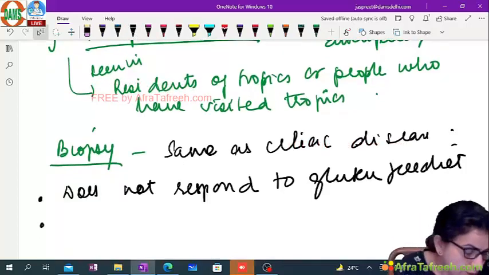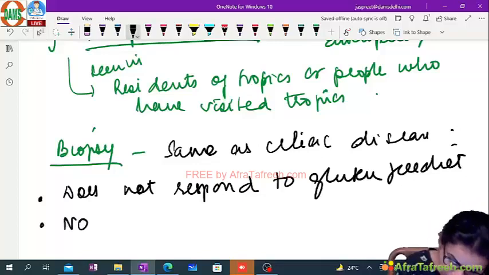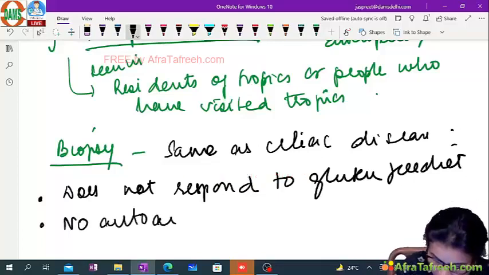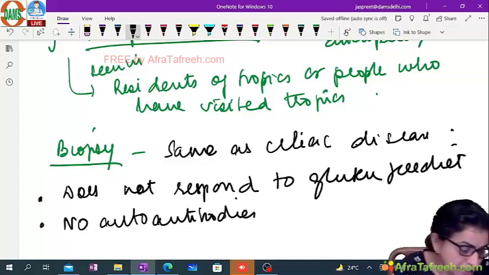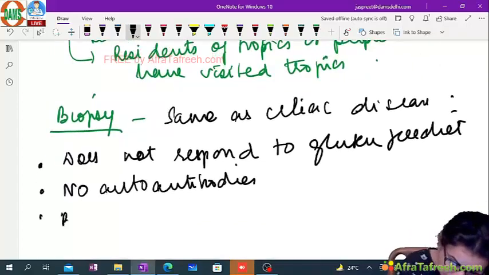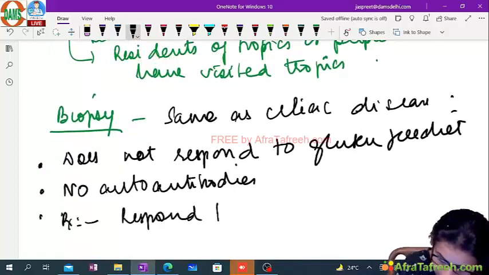Two, there are no autoantibodies in patients with this. They do not have the anti-gliadin, anti-endomysial antibodies which we see in celiac disease. And third, in tropical sprue, they respond to antibiotics.